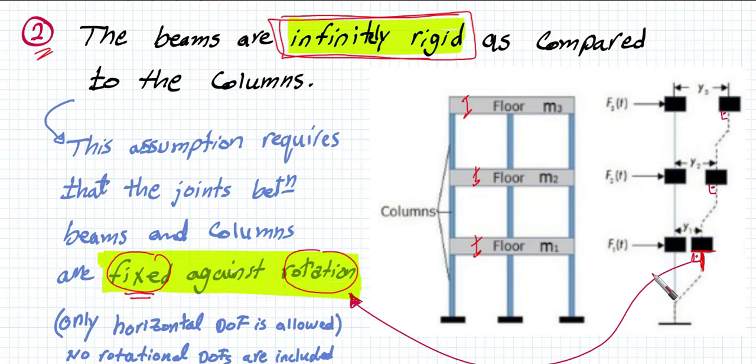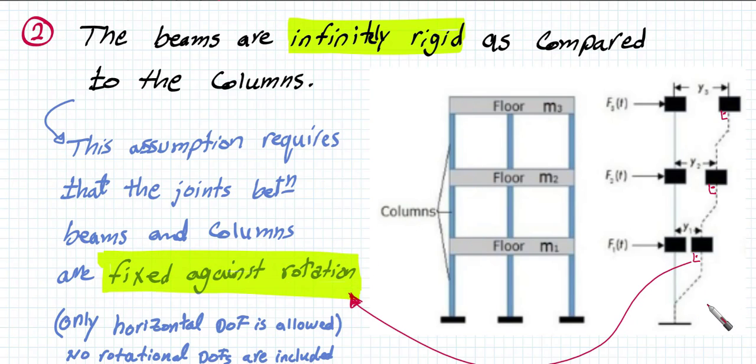There is no rotation. It is not going to be something like this, for example. It should always be a right angle. So this right angle means that there is no rotation here. If we have the girder like this, the column needs to be perpendicular to it, like this.